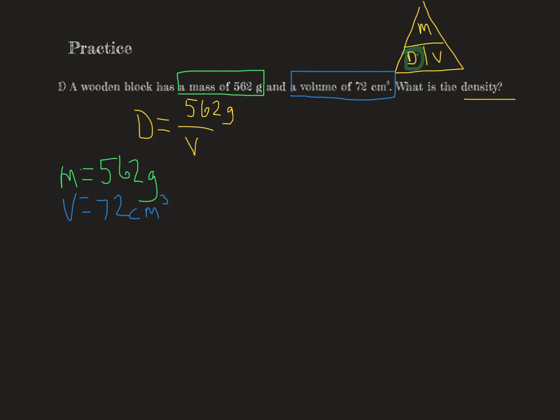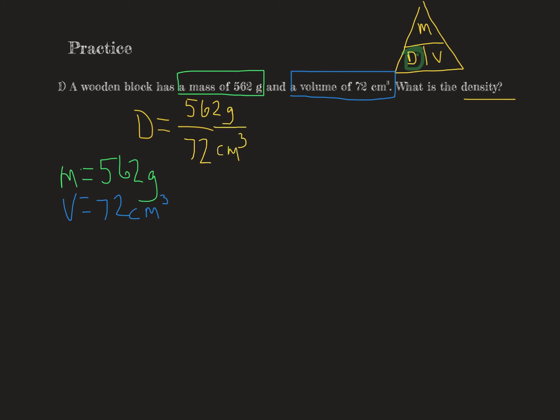They are a part of the number here. And then I'm going to get rid of my V. Okay. And I'm going to plug in my V amount, which is 72 cubic centimeters. So I'm going to put 72 cubic centimeters on the bottom here.